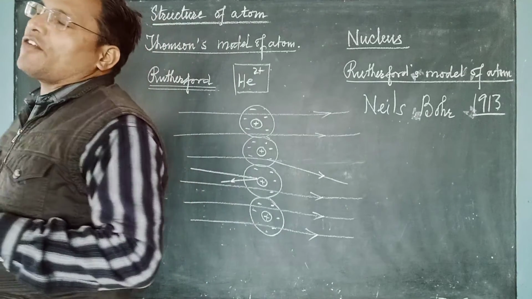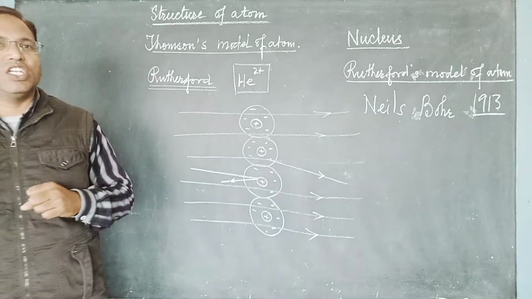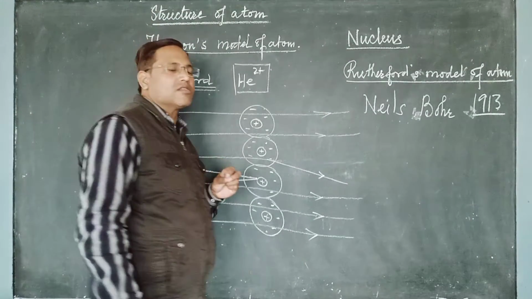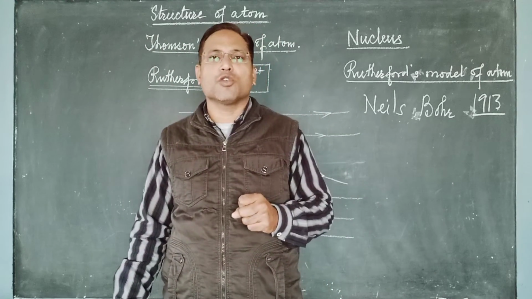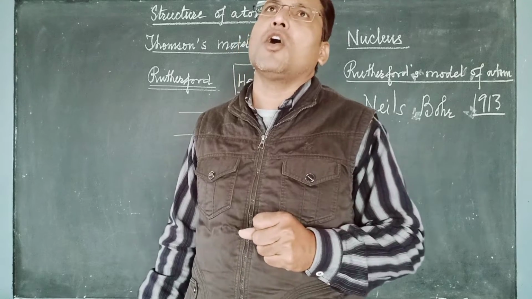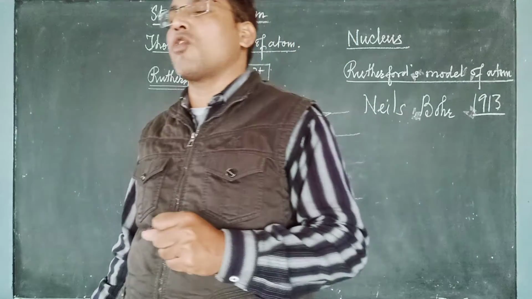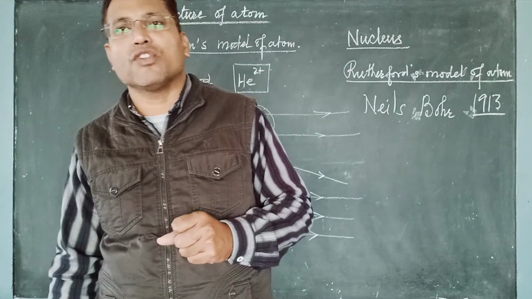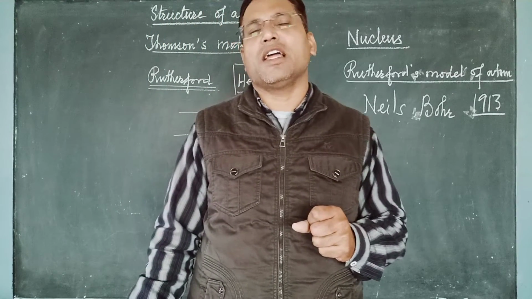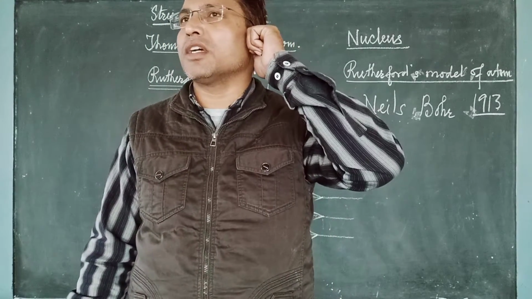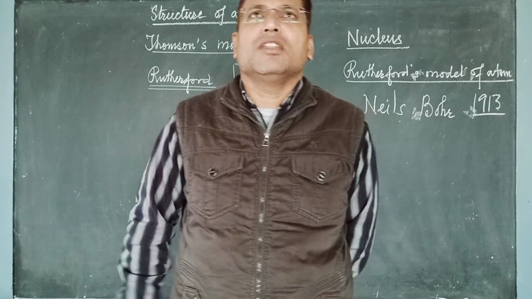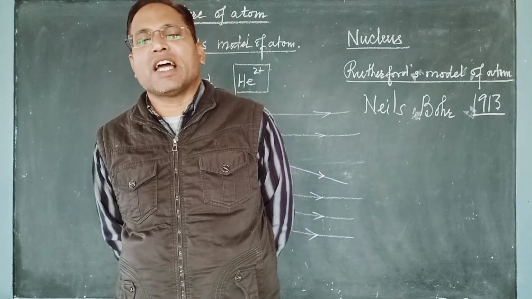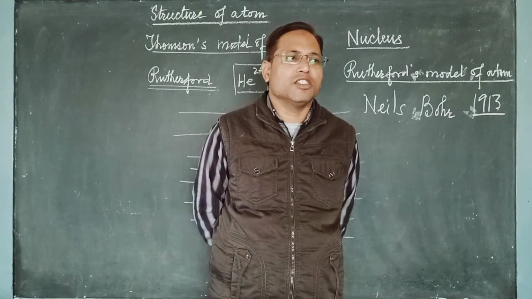Then Niels Bohr came forward and told that yes, I can give the explanation for the stability of the atom. What did he tell? He told that yes, it is correct according to the electromagnetic theory of physics that when a particle is moving in a circular path, it will radiate out energy and a time will come when its energy will be over and it must collapse.